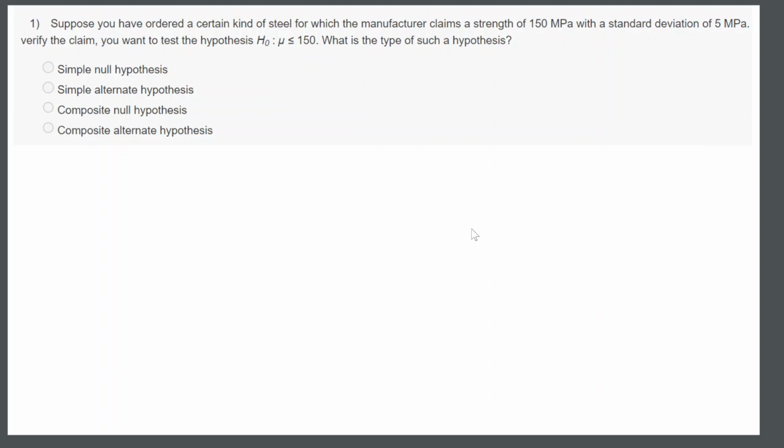So, generally, in industry, you will be ordering a certain kind of material from a manufacturer, and they will give a data sheet specifying this is the strength, this is the ductility at a given temperature, like that. They will specify it along with the standard deviation, like 150 MPa plus or minus 5 MPa.